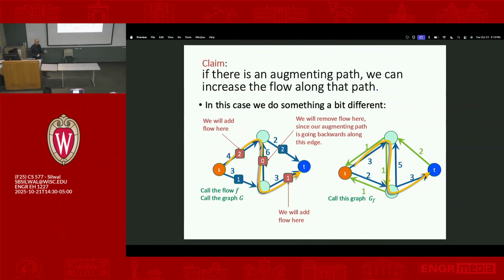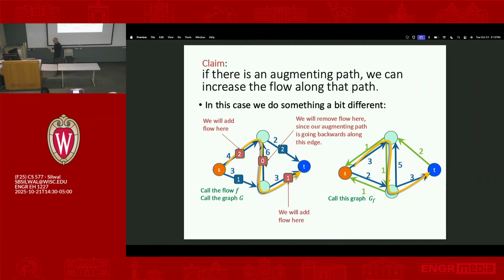I'll show you why this still increases the total amount of flow. But essentially, the main point is, if I take a blue edge, then I'm adding flow. If I take a green edge, then I'm actually canceling flow.